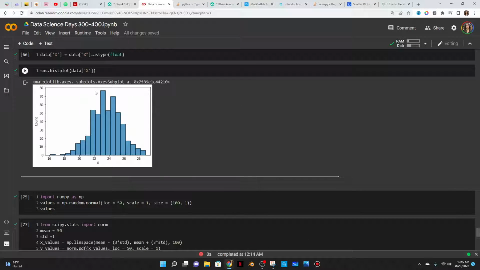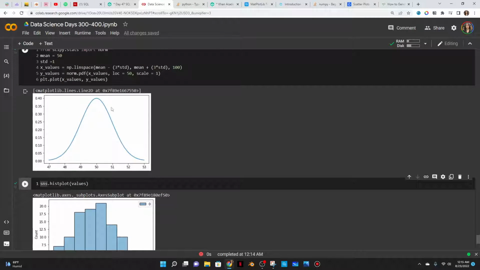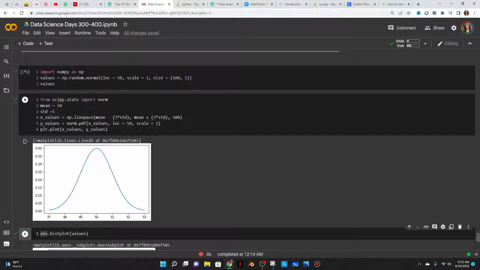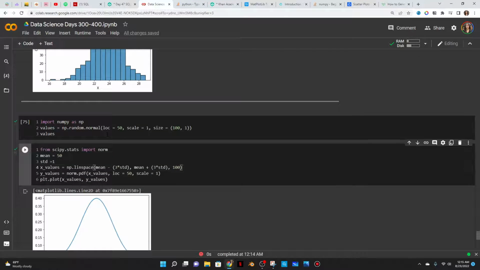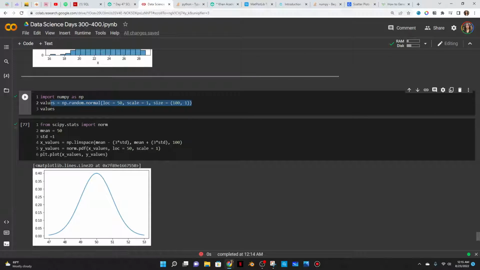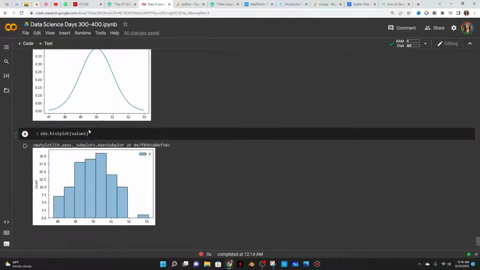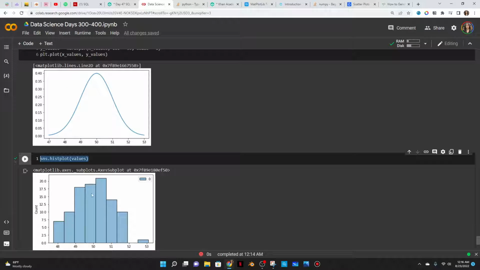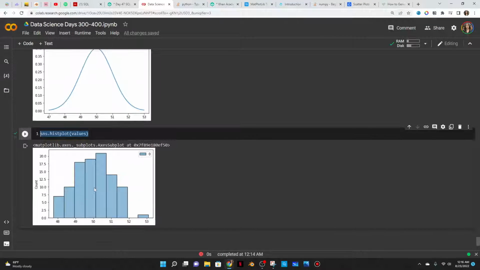I kid you not, I don't even know. This graph is a normal curve, and these are not random values. These are literally 100 numbers, but they're in order. While over here, these are random values. And that's what's being plotted here though. But it's weird, both of them, it's so interesting.